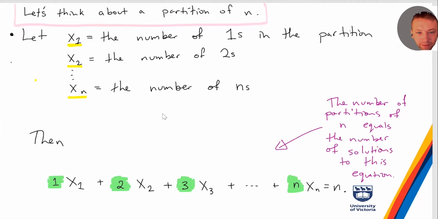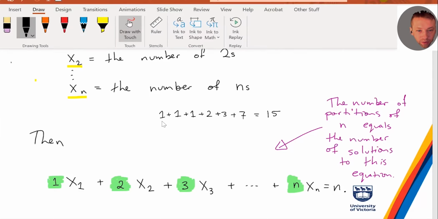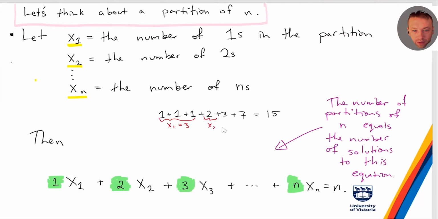For example, if I'm taking 1 plus 1 plus 1 plus 2 plus 3 plus 7, that's 1, 2, 3, 4, 5, 6, 7, 8, 15. So in this example, x1 is 3, x2 is 1, x3 is 1, x7 is 1, and all the other x's are 0.